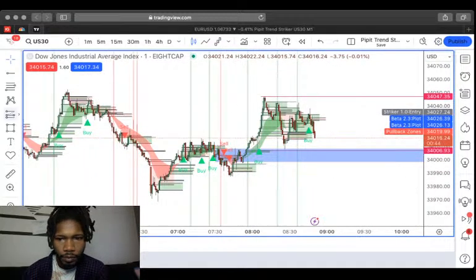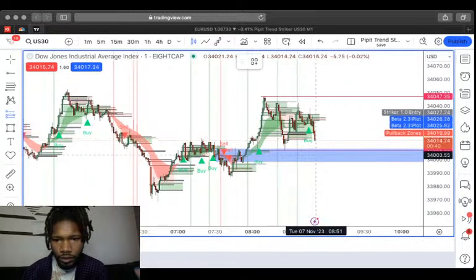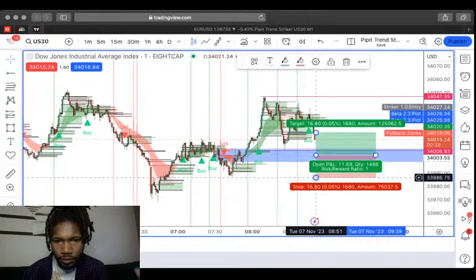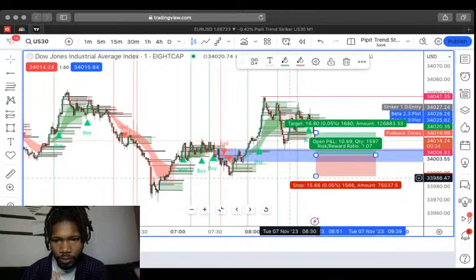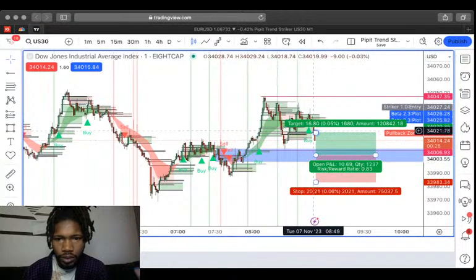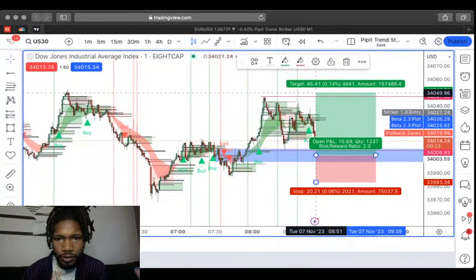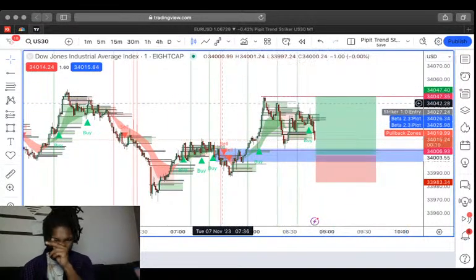We might even be able to look for something like this to the upside. Our stop is below this low, about 15 points. That's nothing, so we have to give it some cushion, like 20 points. Take it into the highs with 40 points, a little over 2 to 1.